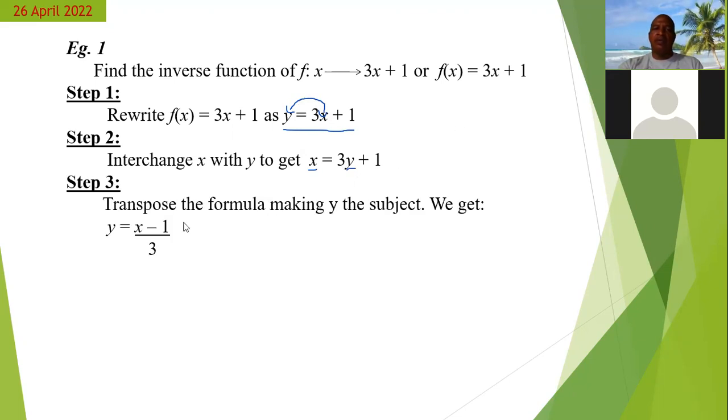Our third step is that we make y the subject. We want to make y the subject by itself alone. So on the left side, we would have x minus 1 equal to 3y.